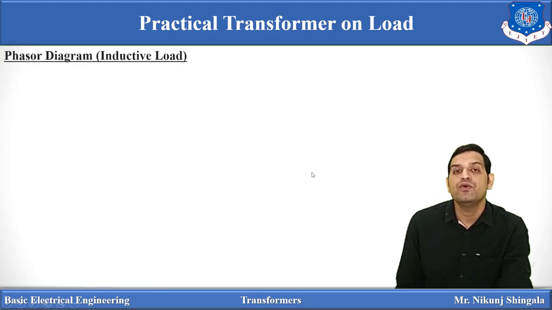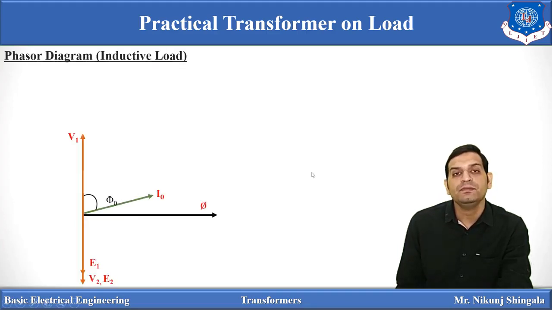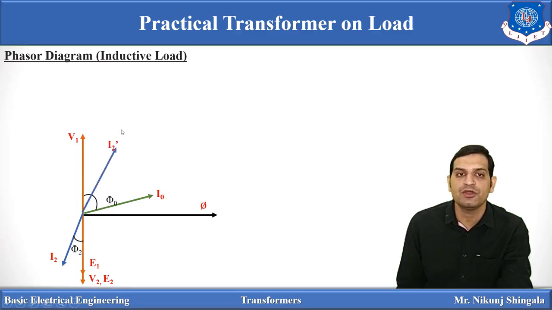Now if the load is inductive, then I2 will lag behind V2 by some angle phi 2. So I2 will be drawn over here. Now I2 is in this direction, so I2 dash will be in the completely opposite direction, over here.